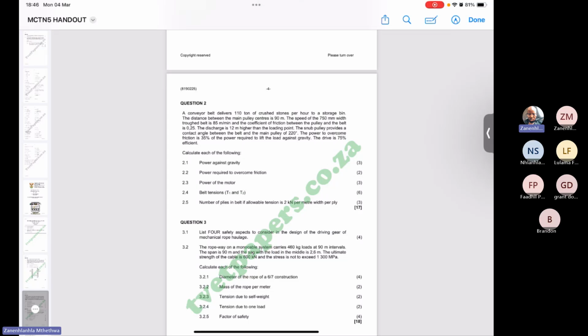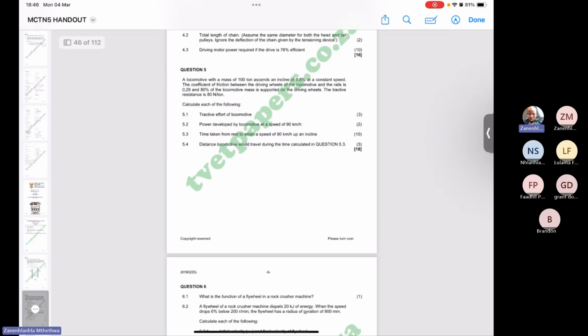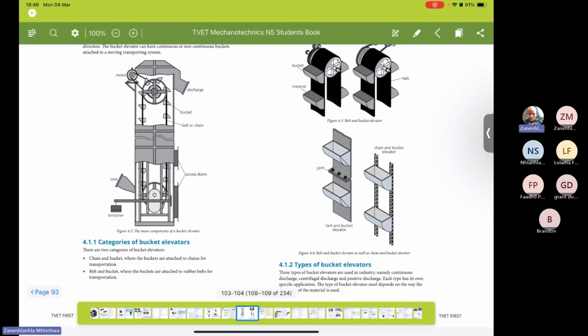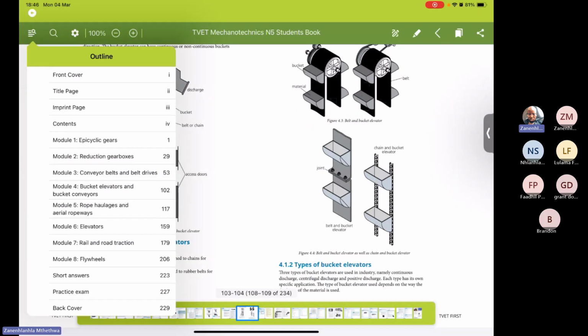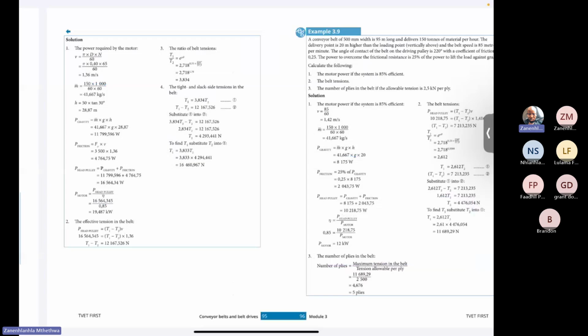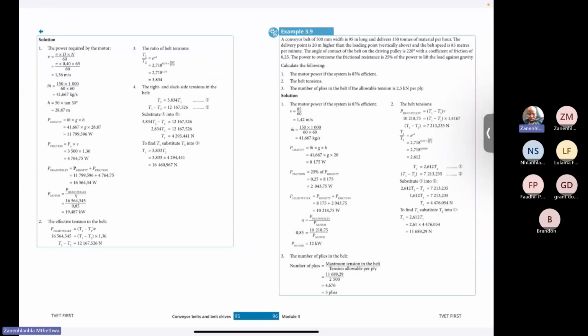Okay, let's look at the textbooks. Conveyor belt.